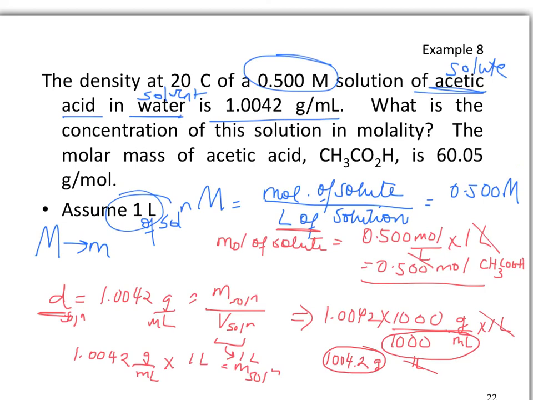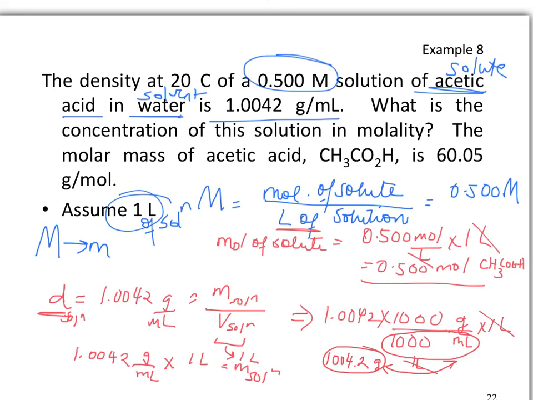Now, realize you can represent this in terms of kilograms because overall in the end we would be seeking the kilograms of the solvent, and that would just be dividing the number by 1000, so it will be 1.0042.